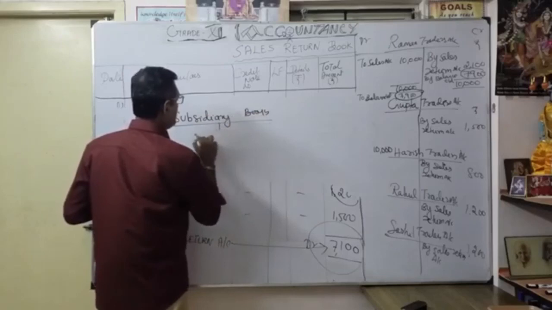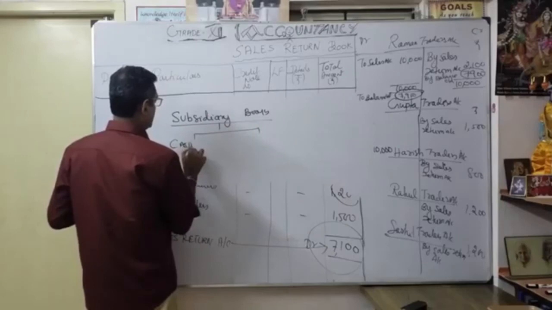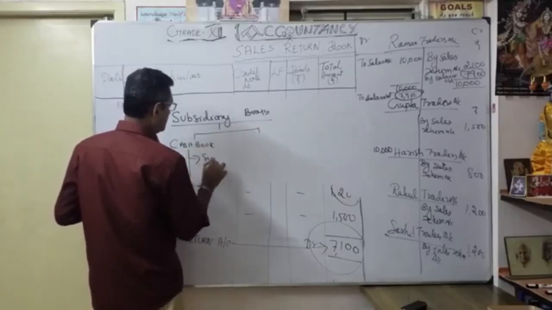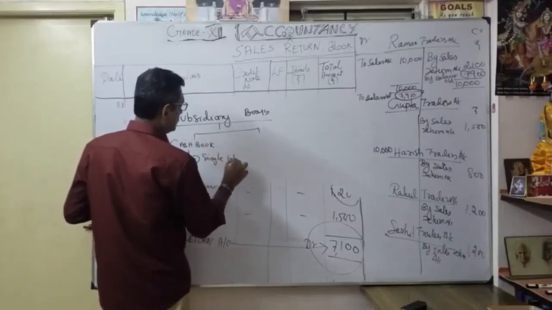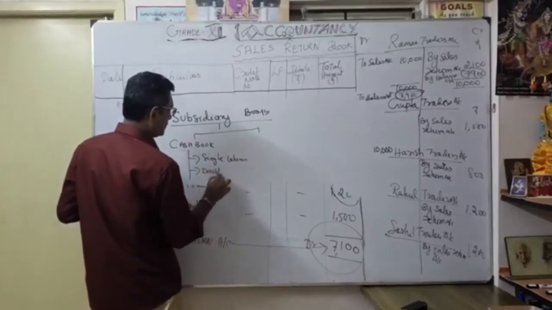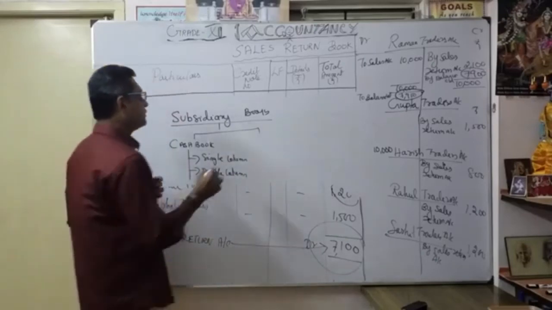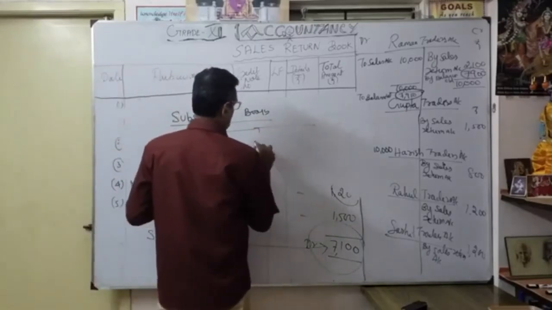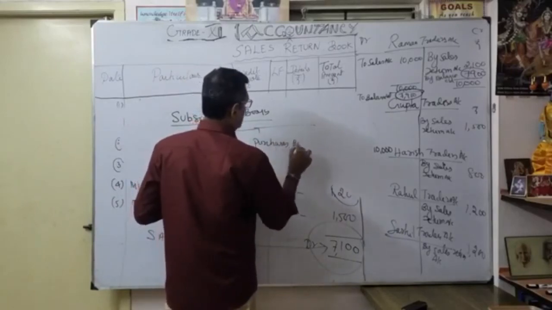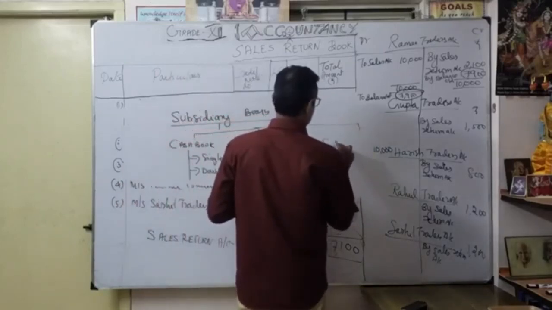first one is the cash book. Under the cash book, we know the single column cash book and the double column cash book. Thereafter, the next one is the purchases book, then the sales book.